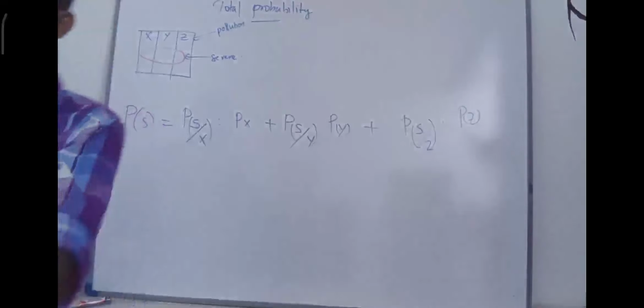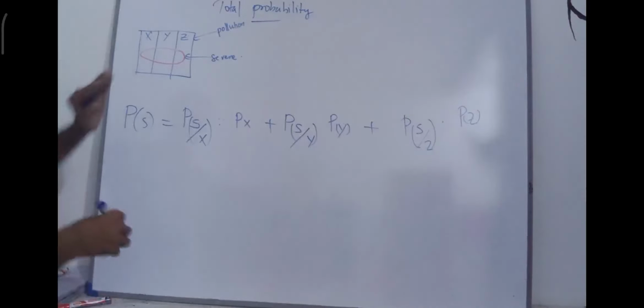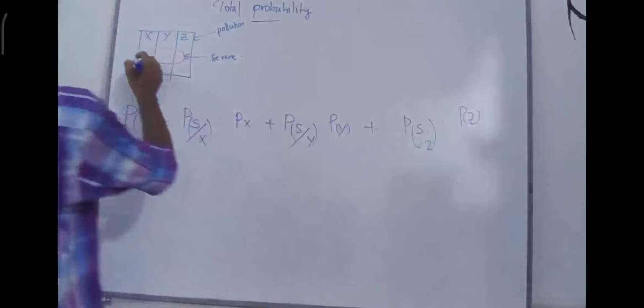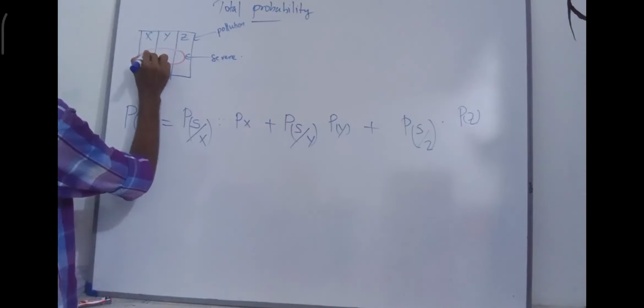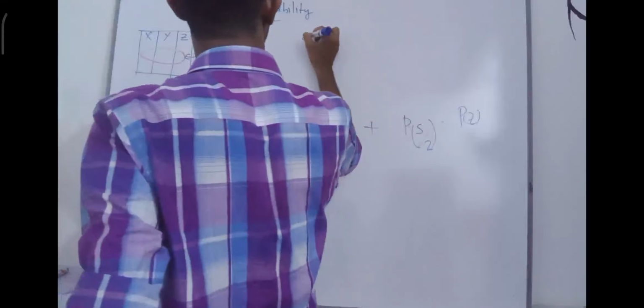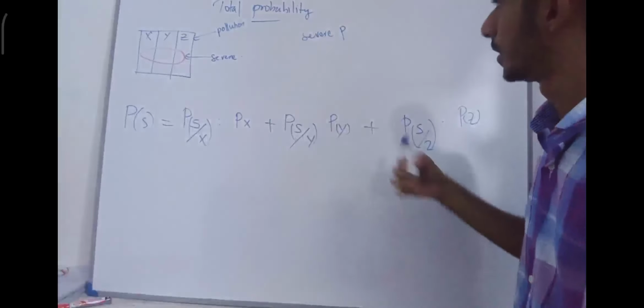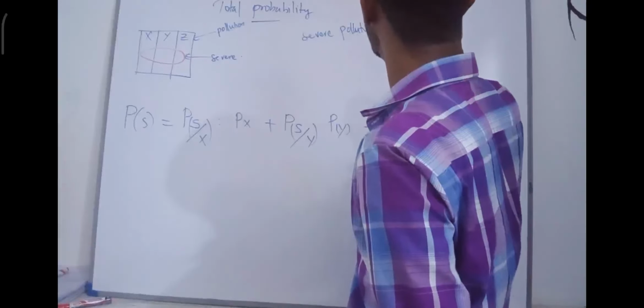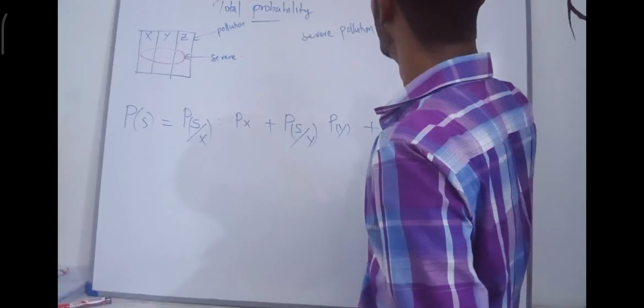Now I randomly take the cities. For this question they will give the severe pollution probability for each city.